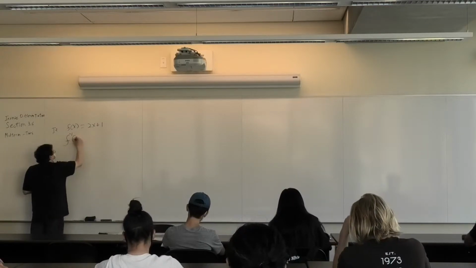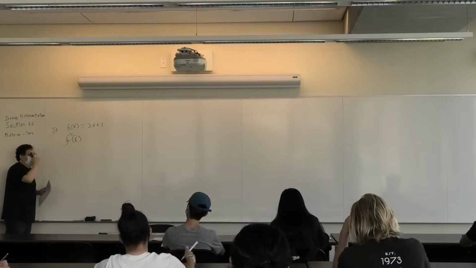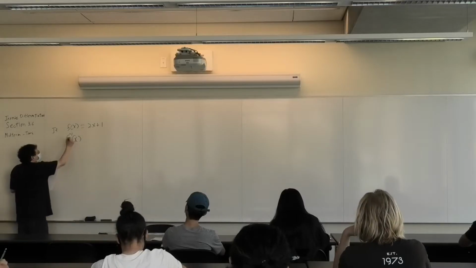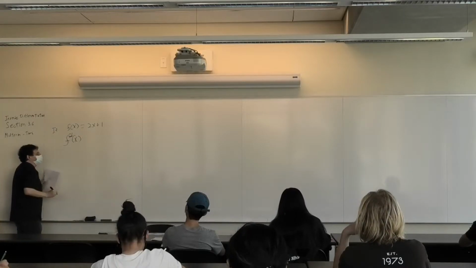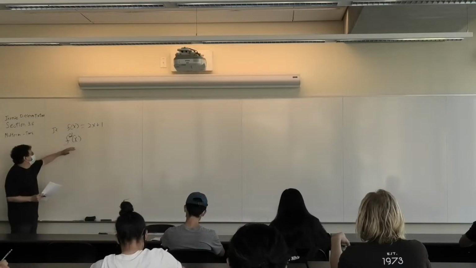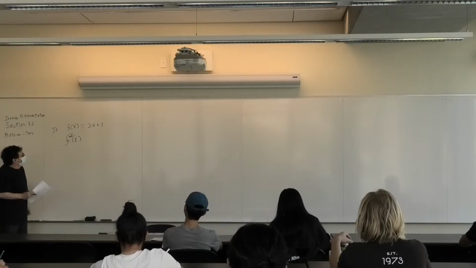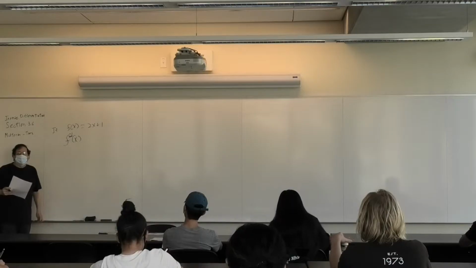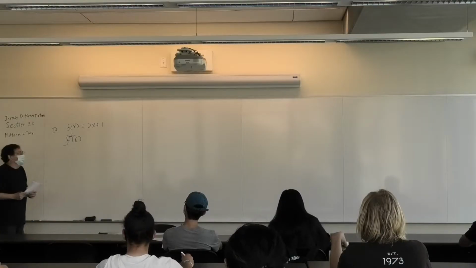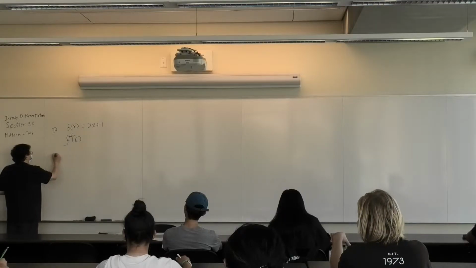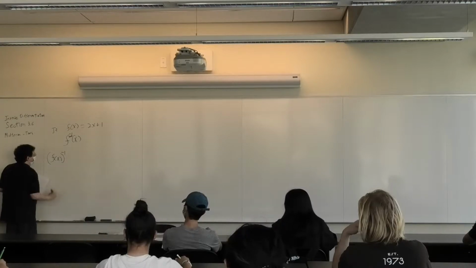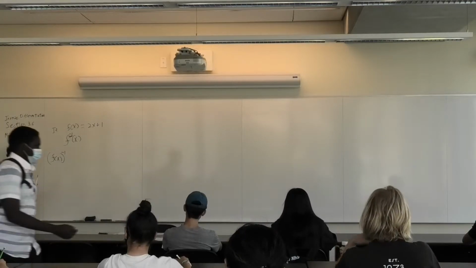I use this notation. Now, I just want to emphasize this minus 1 here is not an exponent. It does not mean 1 over f of x. It's the inverse. If I wanted to write 1 over f of x, I would write it this way. Be very clear about it.